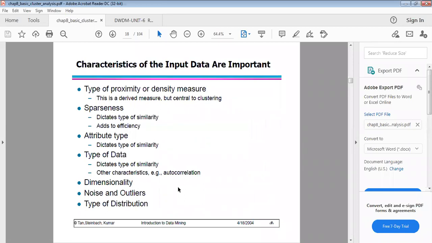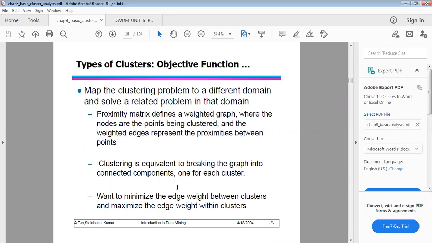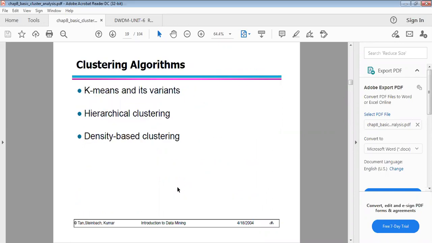Next class, we will discuss the remaining concepts: what are the characteristics, and what is the agglomerative algorithm. Before discussing the agglomerative algorithm, what types of clustering algorithms do we have? The K-means algorithm, hierarchical clustering algorithm, and density-based algorithm. So here you have three algorithms: K-means, hierarchical clustering, and DBSCAN.